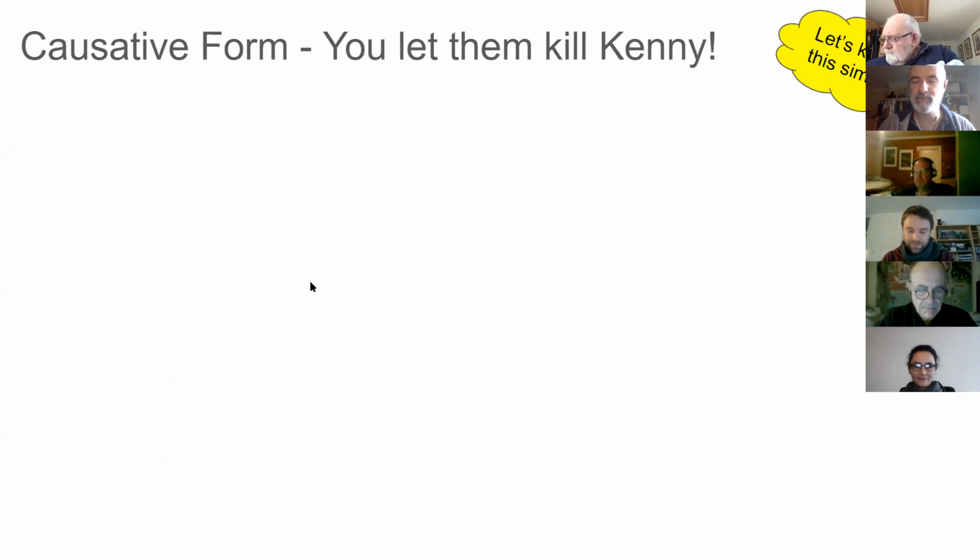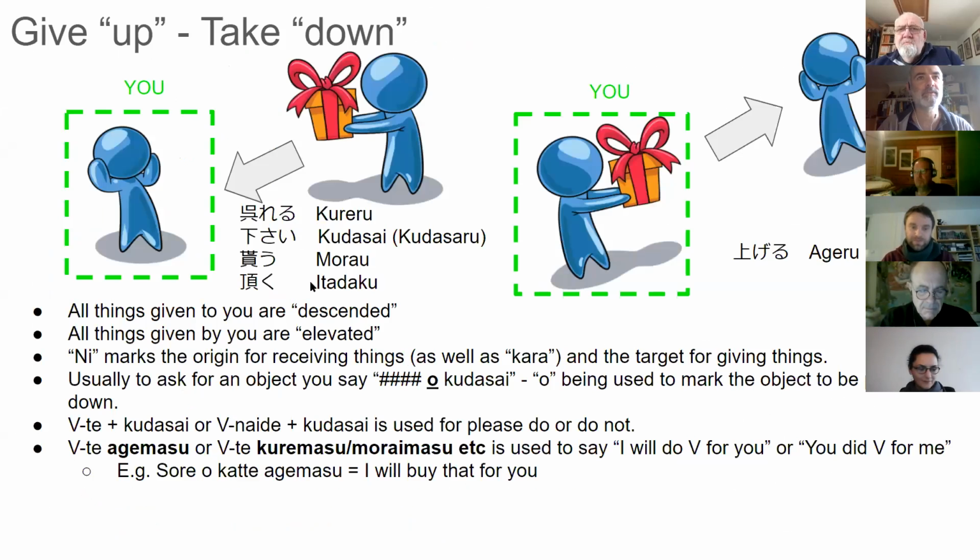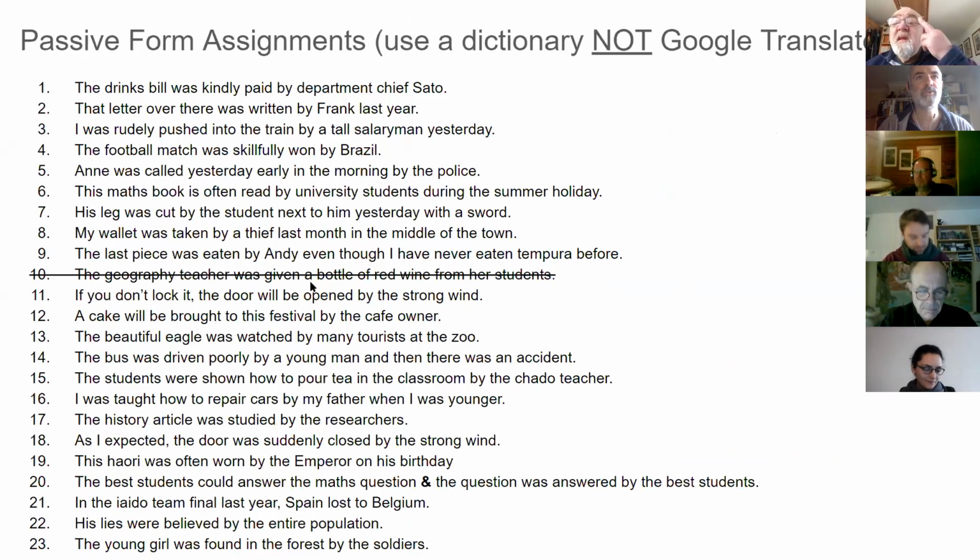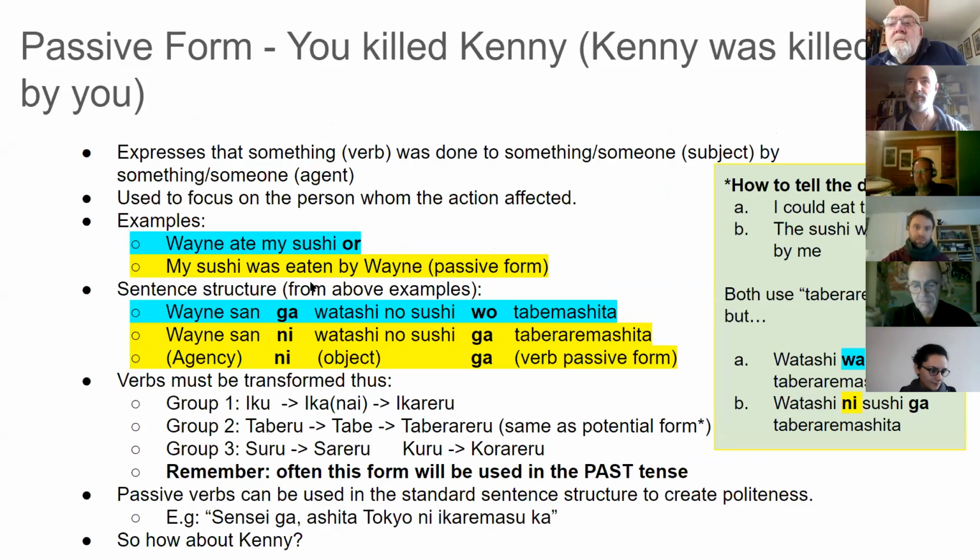Before we do causative, let's go back a few weeks to passive form. So you hopefully can remember we did the passive form a few weeks ago. This is when somebody does something to you. If you remember, we had a slight change of particles.